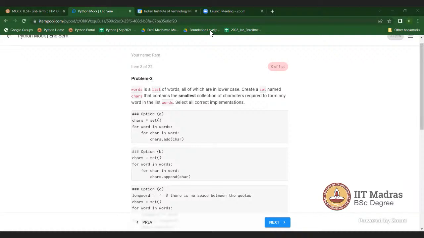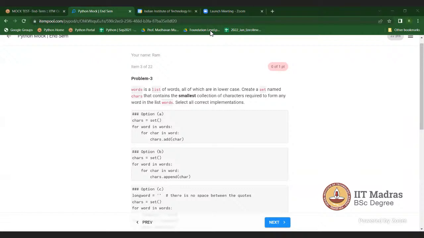Your name will have some characters, my name will have some characters, similarly others' names will have characters. We need to find the smallest collection of characters such that using these characters we can frame any person's name in this Zoom call.